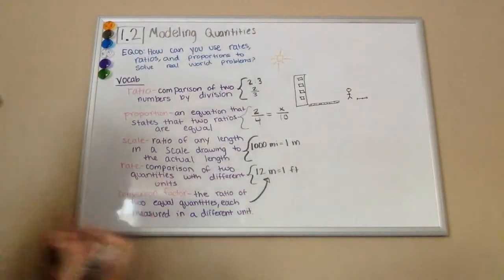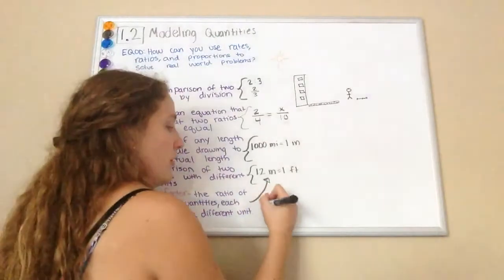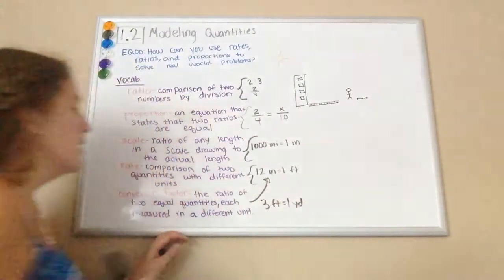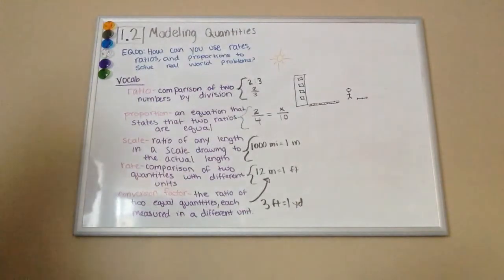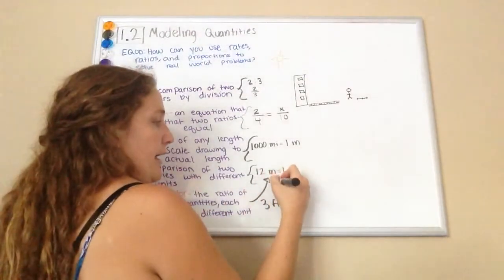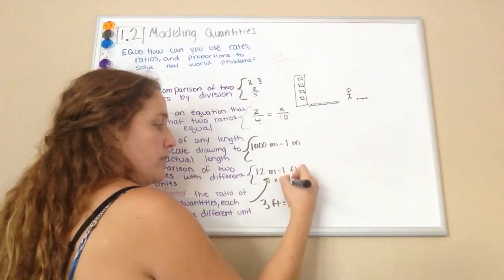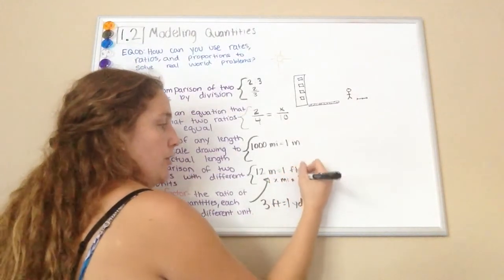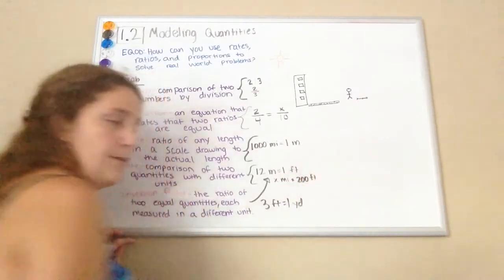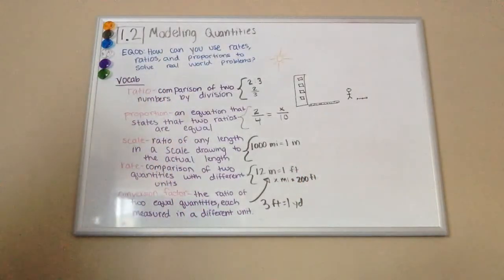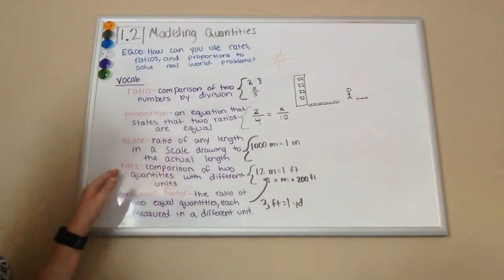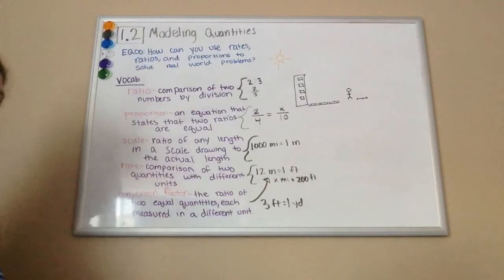So I'll give you another example. 3 feet is in 1 yard. Okay? Sometimes when we look at rates, they can have things like variables. So it could say x miles is equal to 200 feet. Okay, something like that. So in a conversion factor, it's always true. It's going to have both numbers. In a rate, it could have a variable.